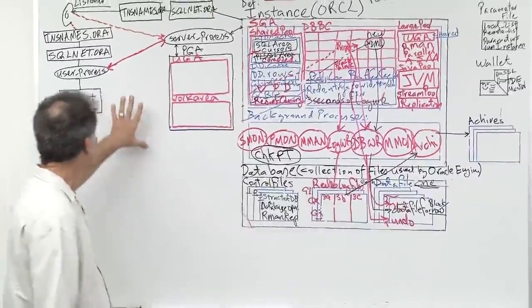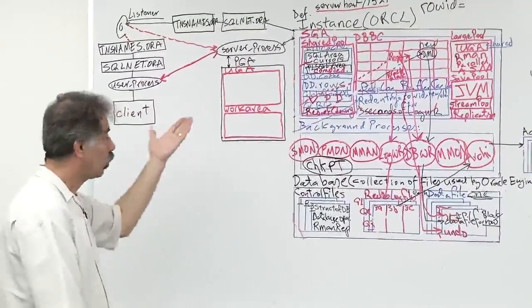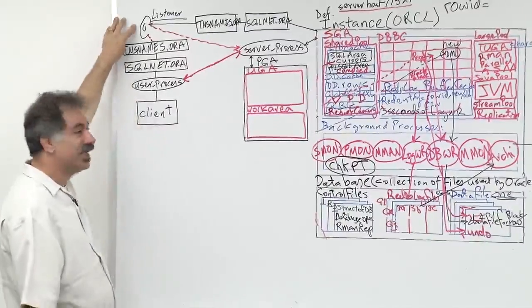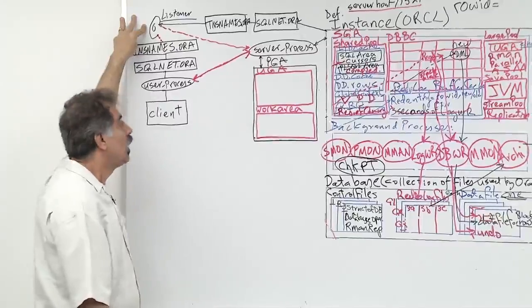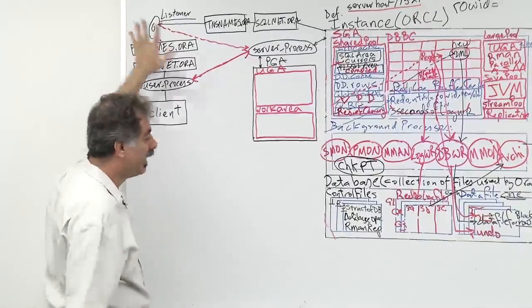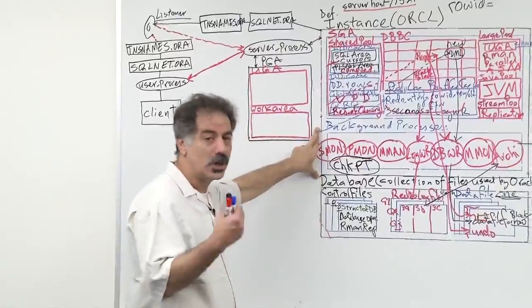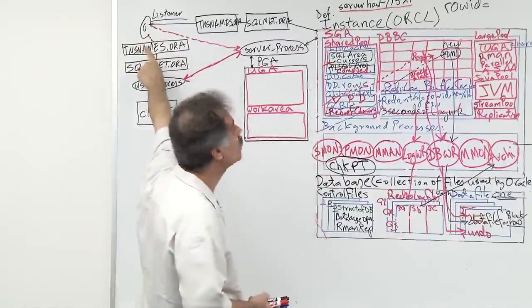All right. On the client side, we said that clients connect to the instance because all the work is logical. The client finds a listener that is responsible to make the connection, and the database will register its services and every service and connection type that they support with that listener.